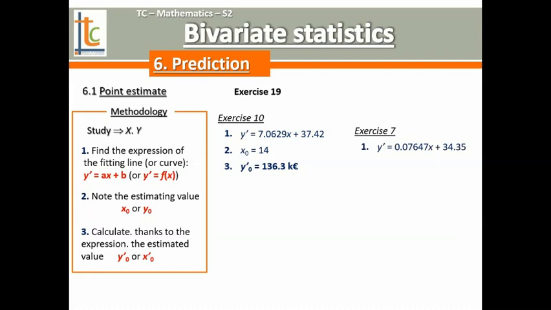This time the question is, what is the quantity of fertilizer to be put if we want a harvest of 60 hundreds of kilograms per hectare? So our goal is to reach the value 60 for y, and the question is about x.